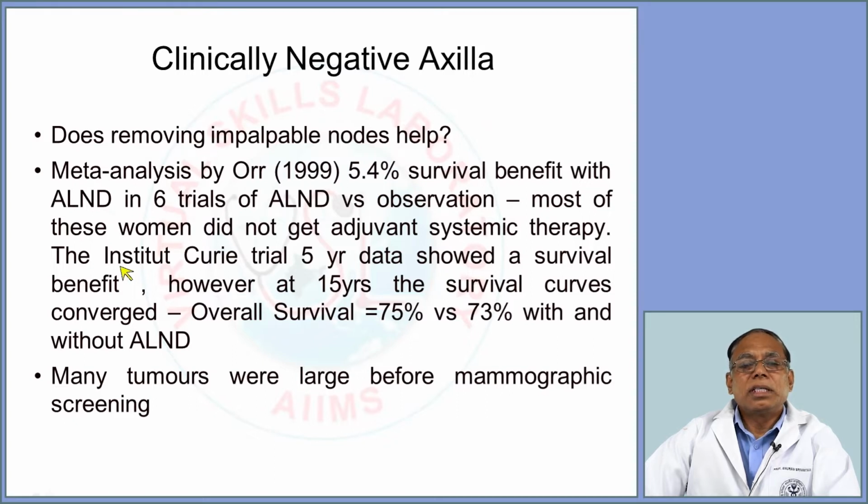However, this was an initial study before adjuvant systemic therapy was offered to most women, and in the long term it has been found that there is no benefit even among these patients with prophylactic axillary lymph node dissection. So the message is that if the patient has no palpable lymph nodes, prophylactic axillary node dissection is not beneficial.